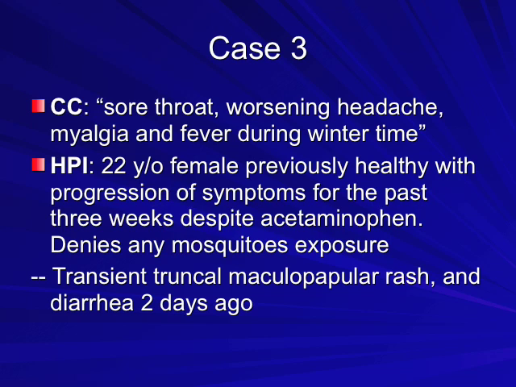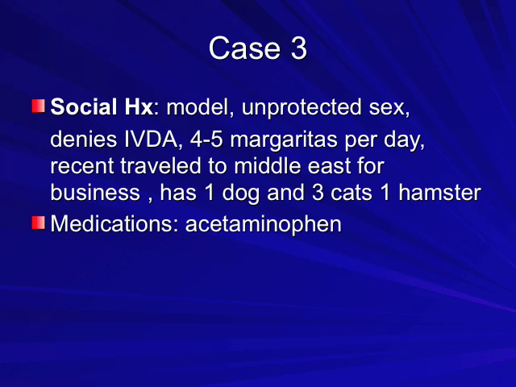She has a rash on the trunk and diarrhea that has been present for 2 days. She's a model. She has had unprotected sex. She denies any drugs. She drinks 4 to 5 margaritas per day. She recently traveled to the Middle East for business, and she wasn't very specific. She said business.